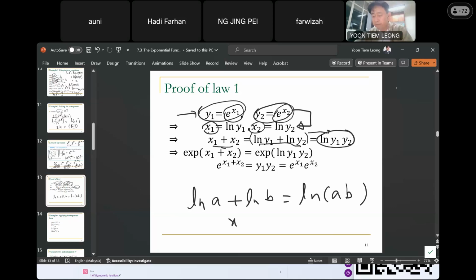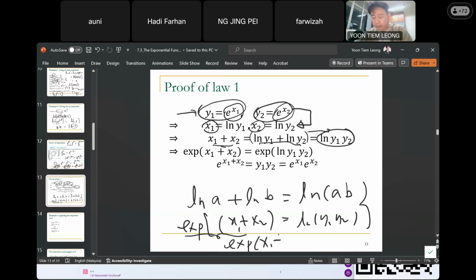Now, once you have arrived at this, you have x1 plus x2 equals the log of y1 y2. So then you take the exponents on both sides. When you take the exponents on both sides, this gives you the exponential of x1 plus x2. And what is the other side?